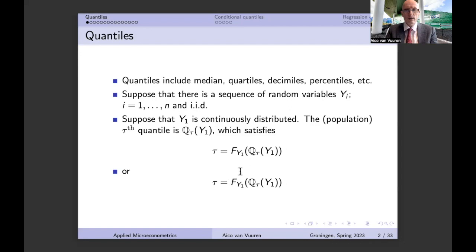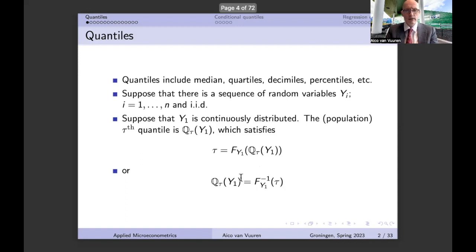Therefore, this distribution function is strictly upward sloping, it's monotonic. So we can take the inverse, and then we see that the quantile is nothing else than the inverse distribution function of Y_1 evaluated at tau. Later on I will show you what the interpretation of that is.